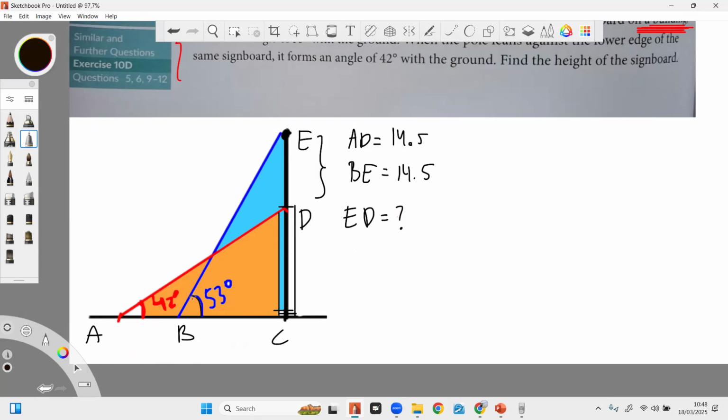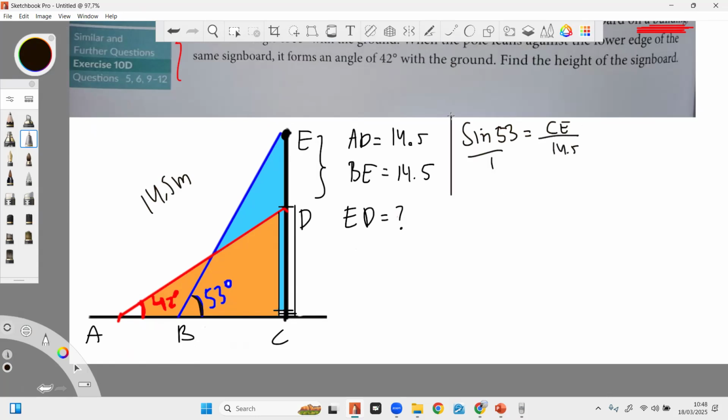We have 53. EC is the opposite. And what do we have? Hypotenuse, right? The hypotenuse is 14.5. So hypotenuse, opposite: sine. Sine 53 equals opposite, which is CE, over hypotenuse 14.5.